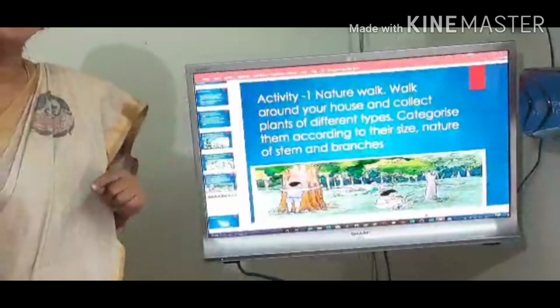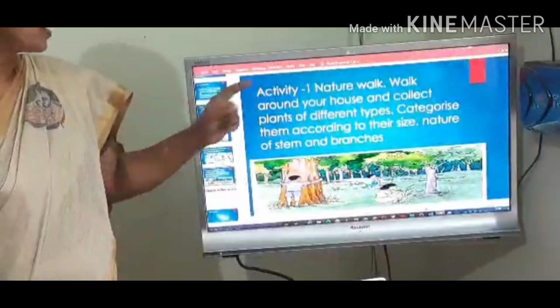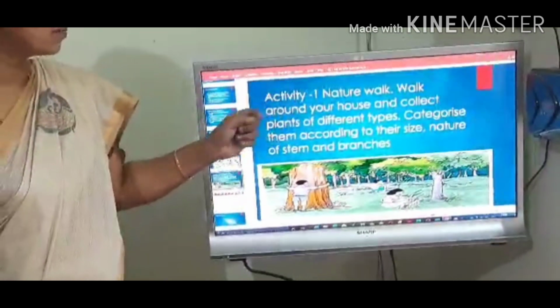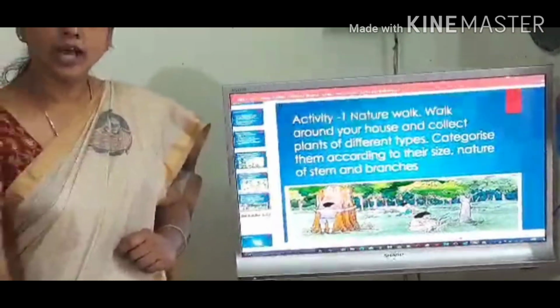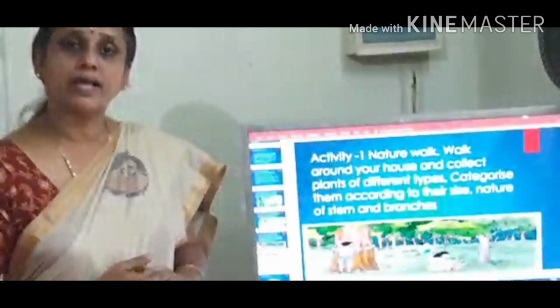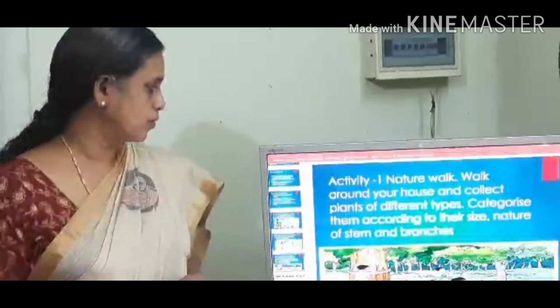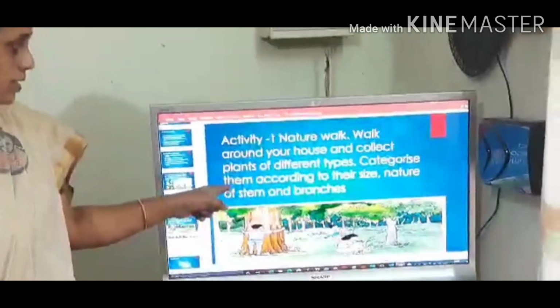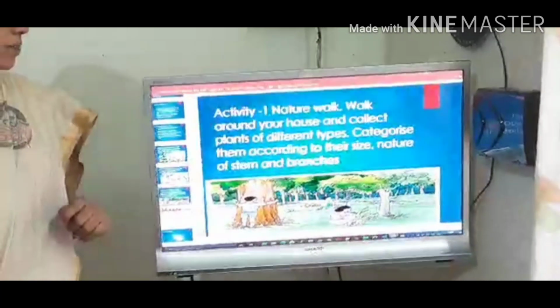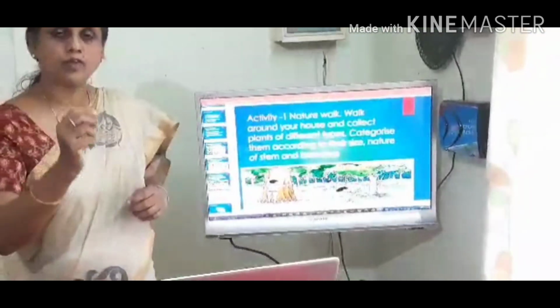So this activity you will enjoy doing. Walk around your house and collect plants of different types. Today I have walked around and collected many plants to show you. So now it's your turn to do the nature walk. And you have to categorize them according to their size, the thickness of the stem.